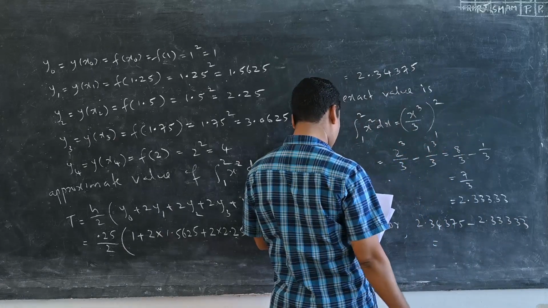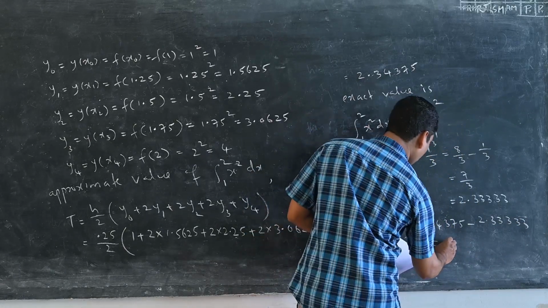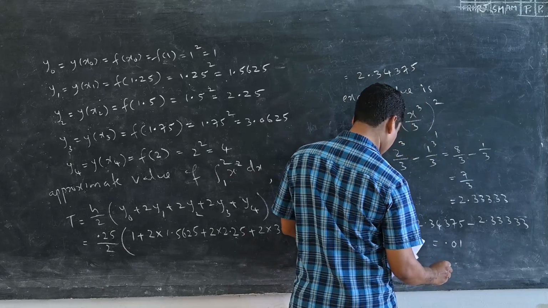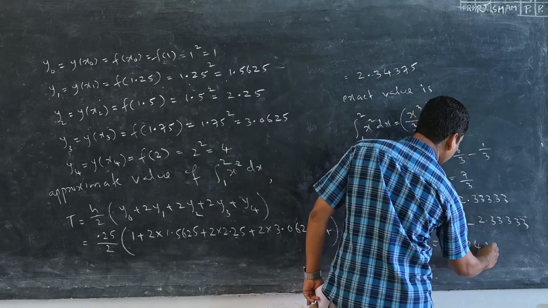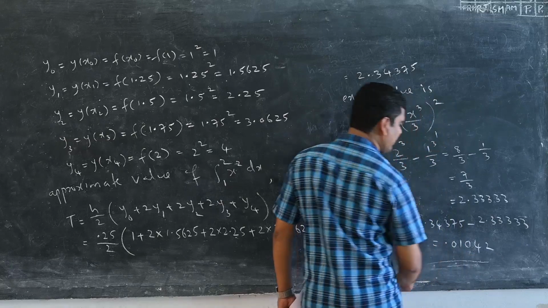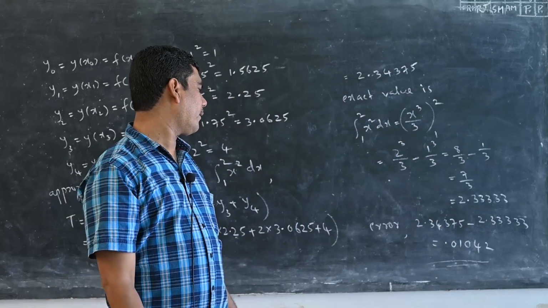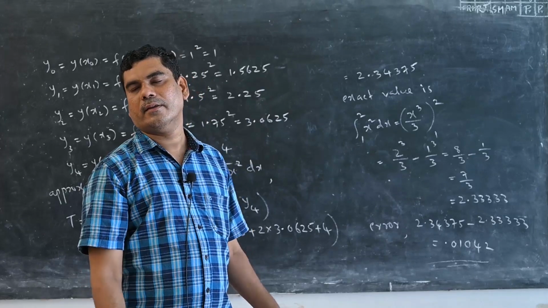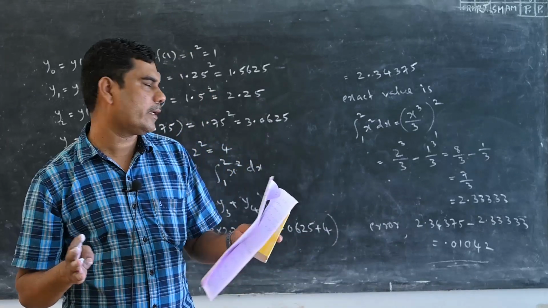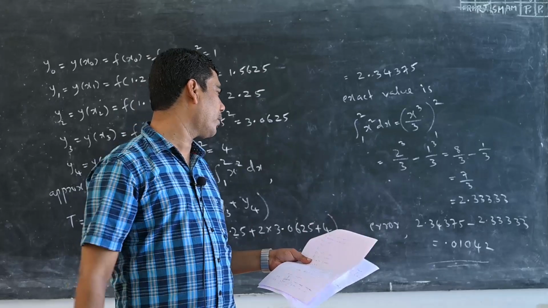So this is equal to 0.01042. This is the error obtained when we calculate the integral 1 to 2 x square dx by trapezoidal rule.